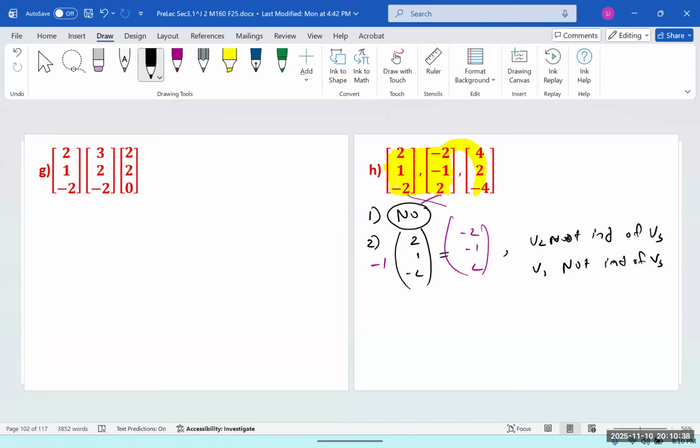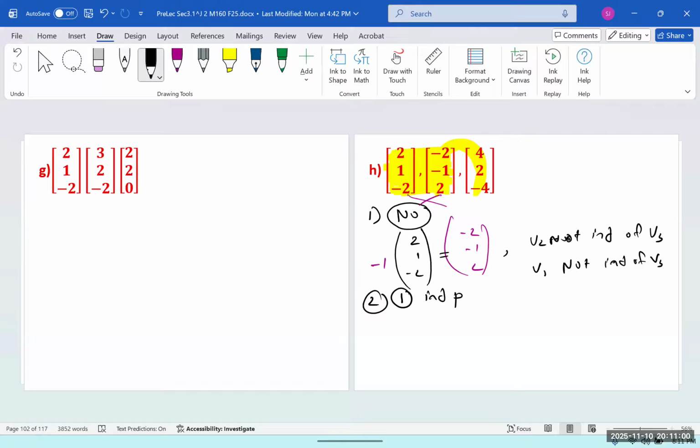So question number 2. How many independent vectors? One. Every space has at least one independent vector. At least one. You can never have zero. Even if you have a zero vector, that's still one vector, okay?